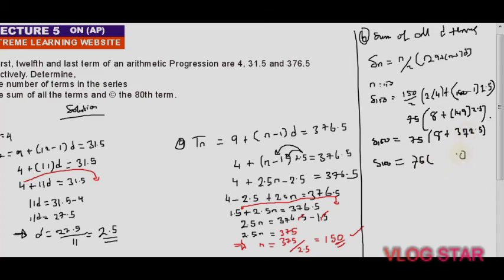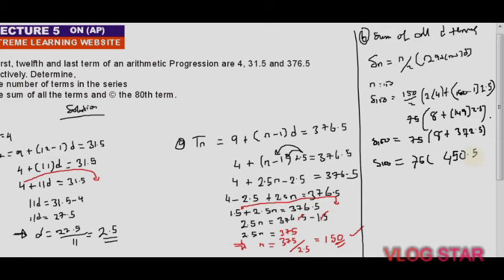Let's have this. Is it 5? No. 0.5. No, so this is not right. No, it cannot be.